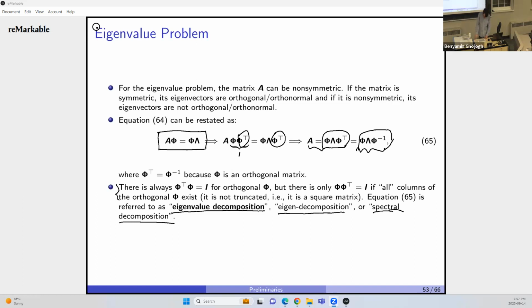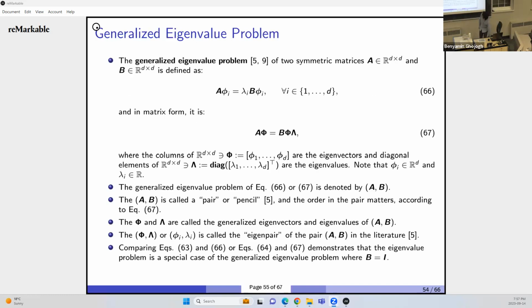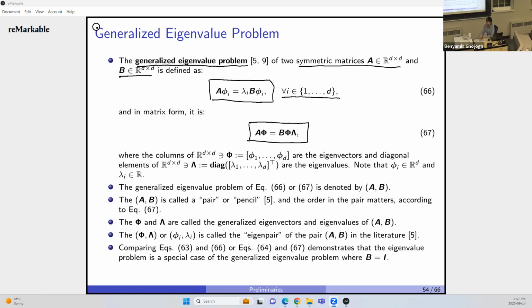Okay, so now the generalized eigenvalue problem. We defined the eigenvalue problem, now the generalized eigenvalue problem. What is that? For two symmetric matrices, A and B, it is defined as: A phi_i equals lambda_i B phi_i. And I have D eigenvectors and eigenvalues. In matrix form, I can write it as A phi equals B phi lambda, where phi has the eigenvectors and lambda has the eigenvalues.